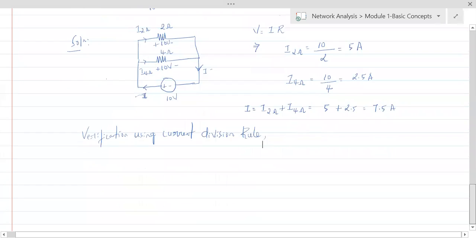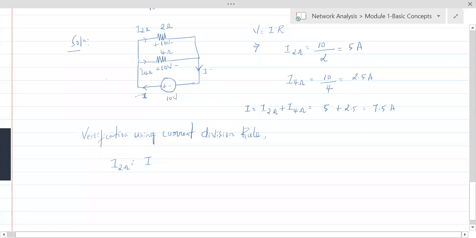This I 2 ohms is the total current into the resistance of the other branch.